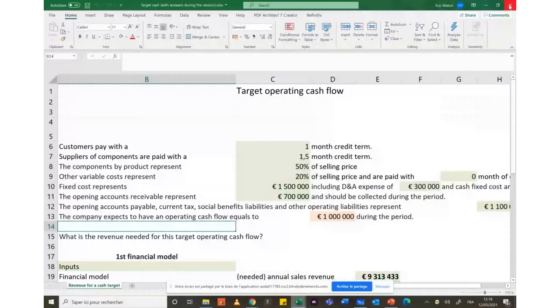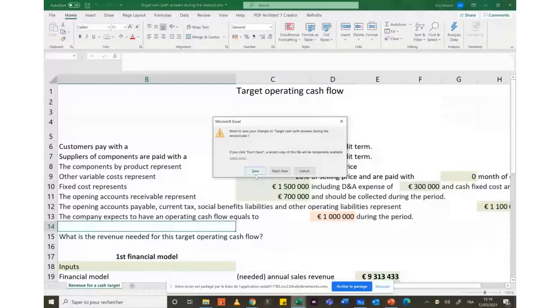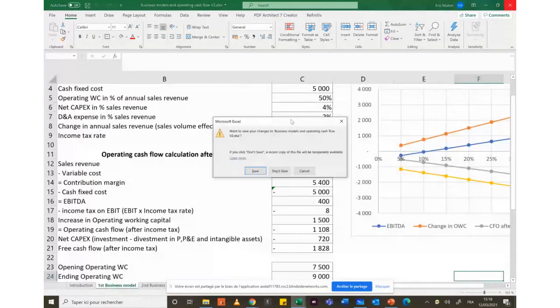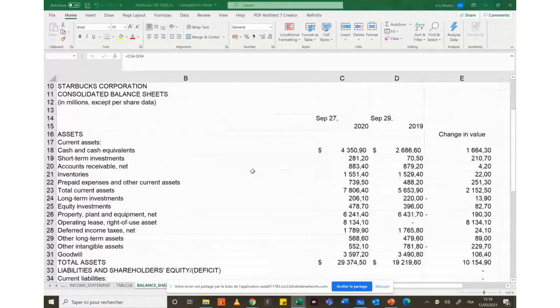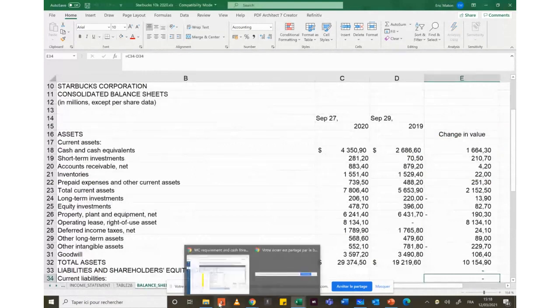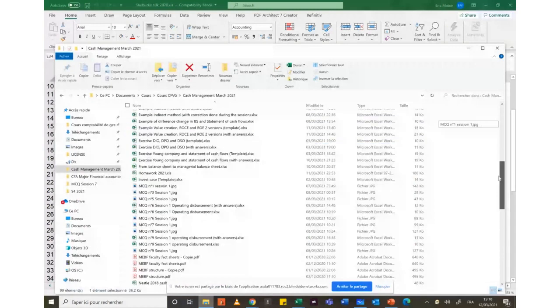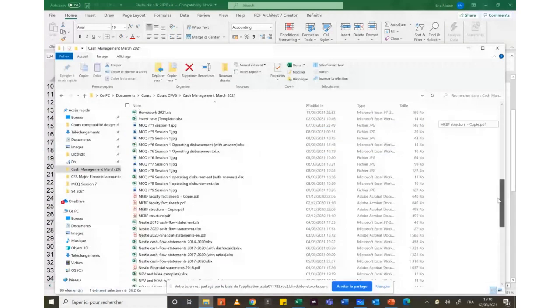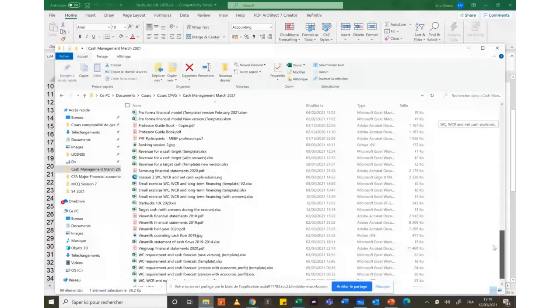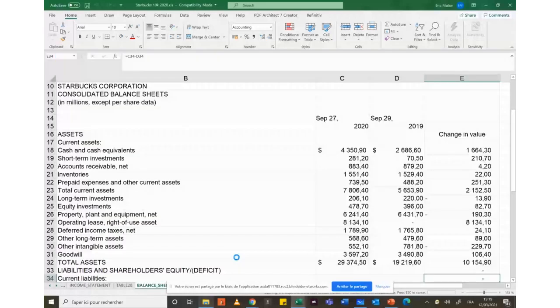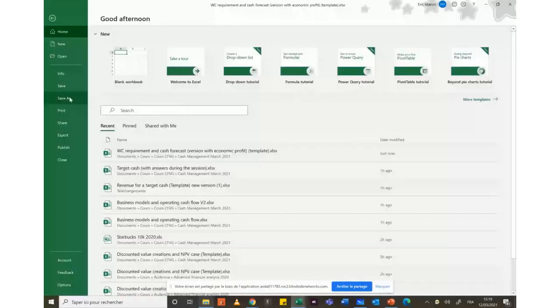Why? I created this one and it's protected. In the other case, I can take from here, working capital requirement, and cash flow template. I save with the correction.